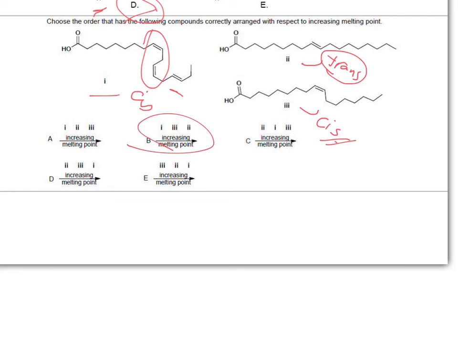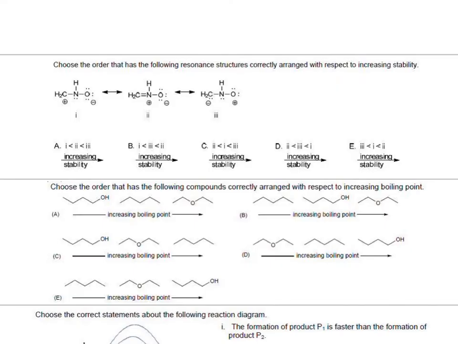Okay, let's go forward. The question is, choose the order that has the following resonance structures correctly arranged with respect to increasing stability. Notice we have 3 different structures. You have a negative charge on oxygen, positive on carbon, and there is another structure in which carbon is neutral, nitrogen is holding the positive charge, and oxygen has a negative.